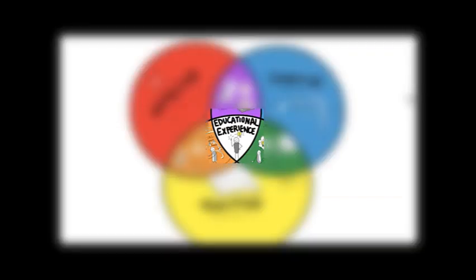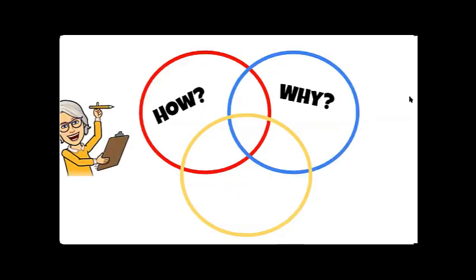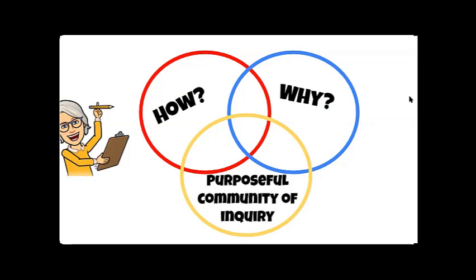All 3 put together culminate in the educational experience for our students. The framework addresses the how and the why of the collaborative educational experience, and how we consider thinking and learning when trying to create purposeful communities of inquiry.